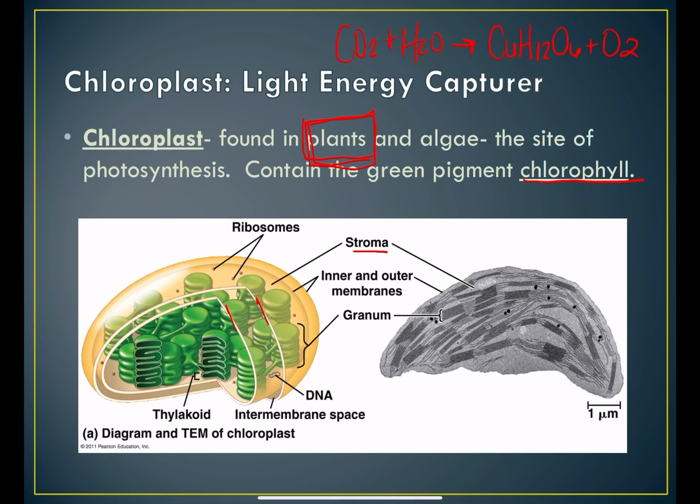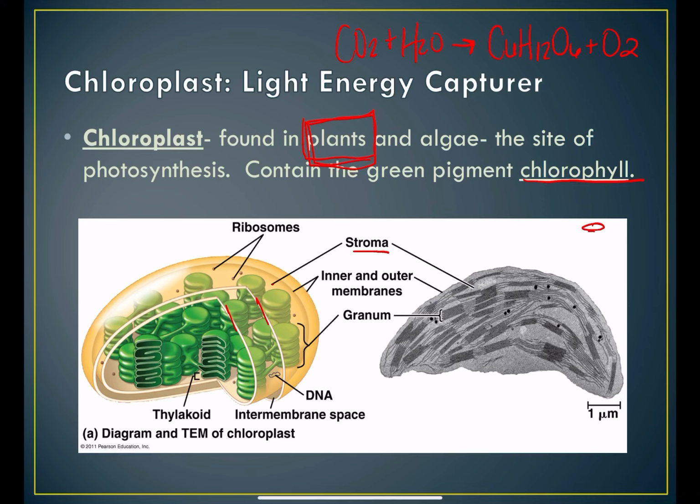Inside the chloroplast is the stroma. That's kind of like the cytoplasm inside the cell. You got cytoplasm in the cell. The chloroplast has stroma inside of it. And then the other structures inside the chloroplast are these things that look like, I call them pancakes.